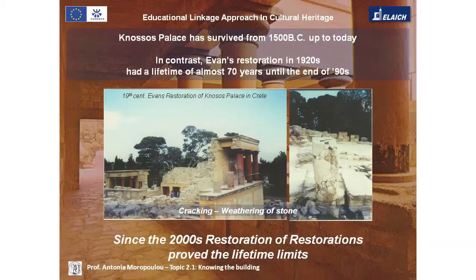In Knossos, an ancient palace of the Mycenaean period, which arrived from 1500 before Christ up to date, after the restoration of Evans in the 1920s, it proved to end its lifetime at the end of the 90s, due to the incompatibility of the modern cement concrete with the historic materials, and due to the end of the lifetime of cement concrete.